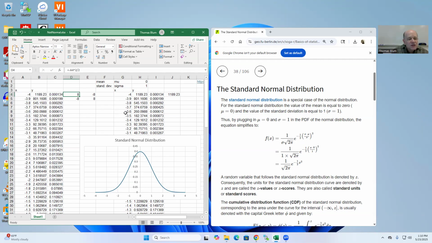So let's just isolate the problem over here. Here is minus A4 squared divided by 2, and that should be negative, but I'm getting a positive 8. Over here, instead of dividing by 2 at the end, I'm multiplying by minus 0.5, 1/2, and then it's getting it right.